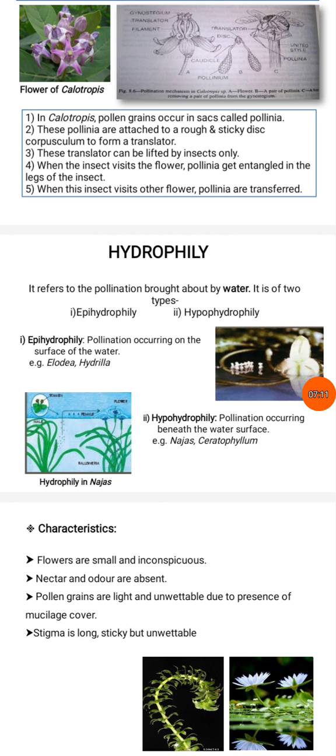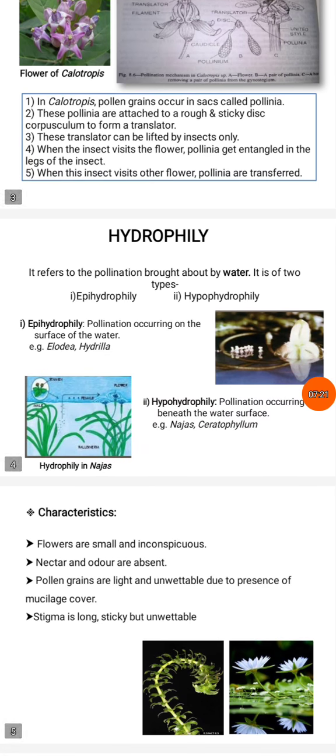In both these species epihydrophily occurs, that is, pollination takes place on the surface of the water. Hypohydrophily means pollination occurring beneath the water surface, below the water surface. Here examples are Najas and Ceratophyllum.